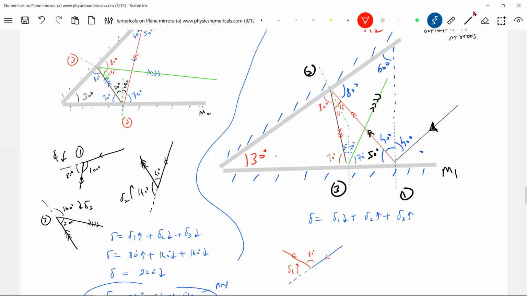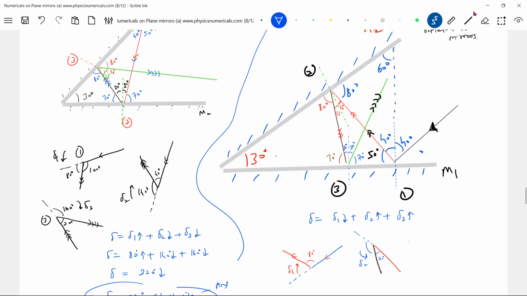Delta 1 will be 100 degrees. Similarly, for ray 2, after reflection, it will move like this. So what is this angle? 20 degrees. So what can this be? 160 degrees. So this is the deviation.